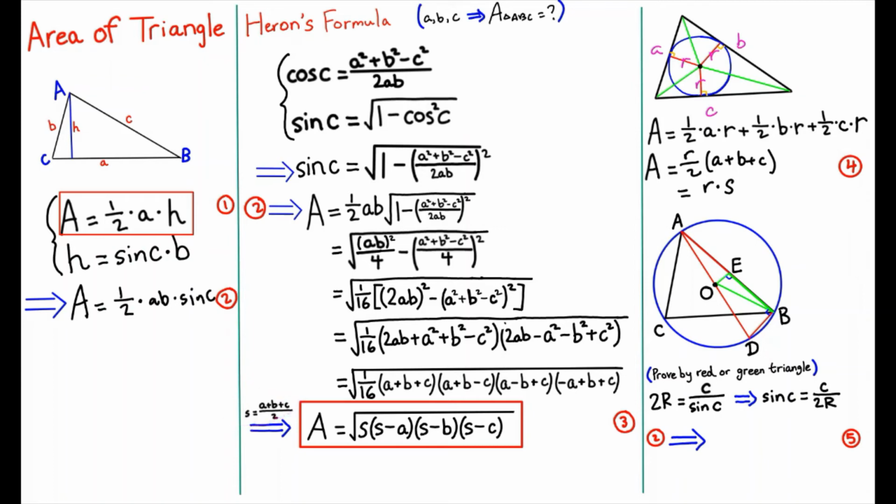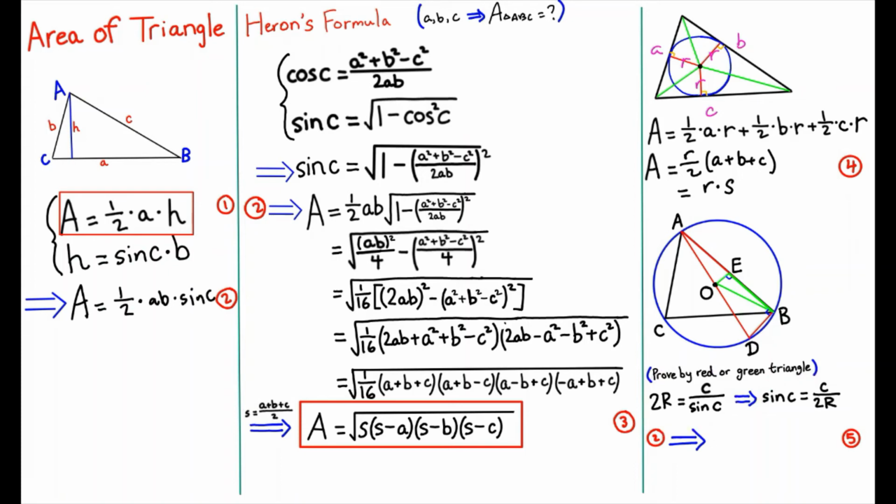The next formula involves a circumscribed circle. Here we know that sine C is equal to c divided by 2R, because we know that 2R equals c divided by sine C. We can prove this by the red or green triangle, and I'm going to be explaining both.